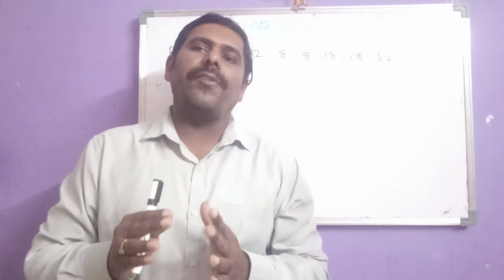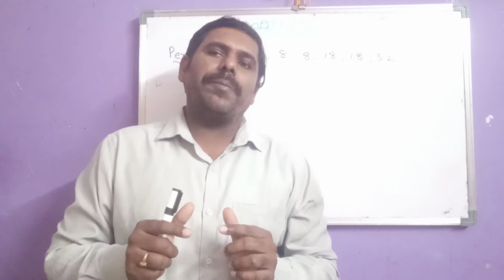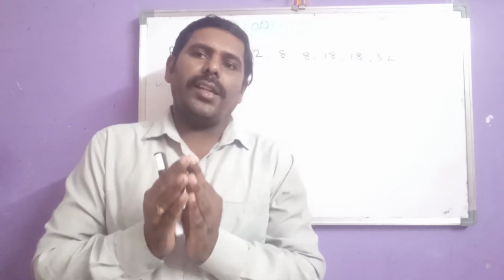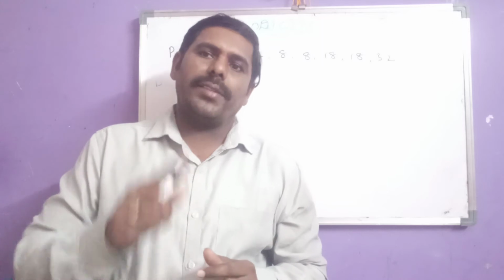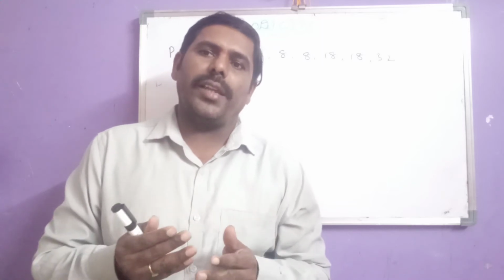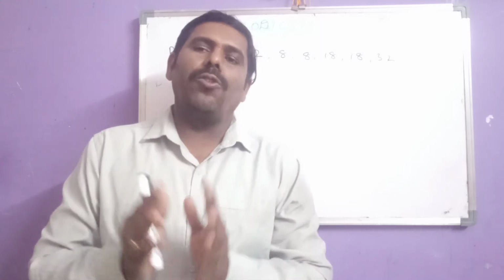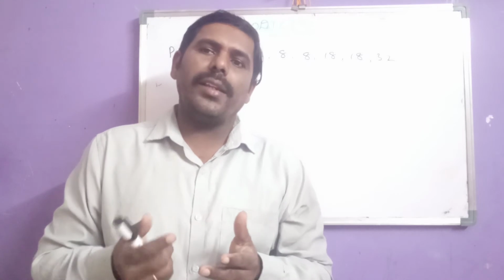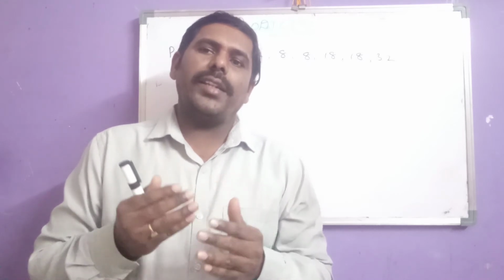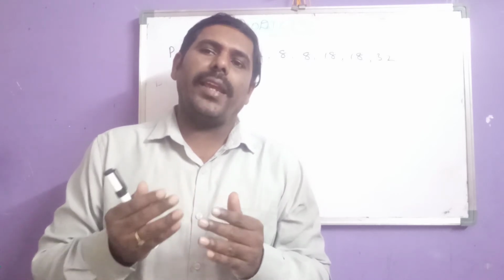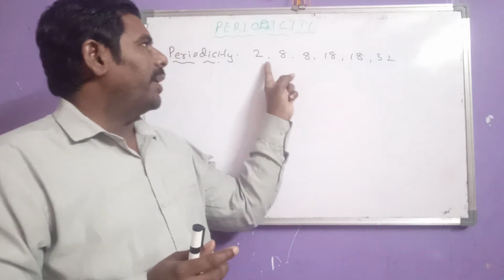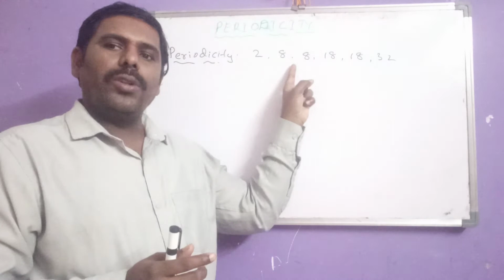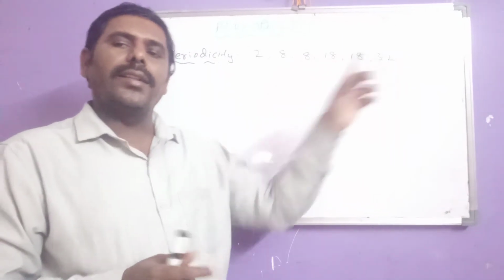In the similar way, in the periodic table, if you consider the oxidation state of first A group elements, plus 1 is the oxidation state of all first A group elements. Now here, the plus 1 oxidation state repeats again and again in case of first A group elements at regular intervals of which one? 2, 8, 8, 18, 18 and 32.